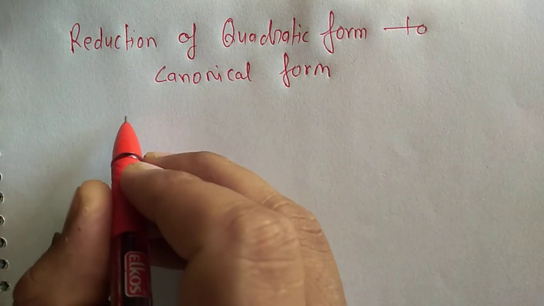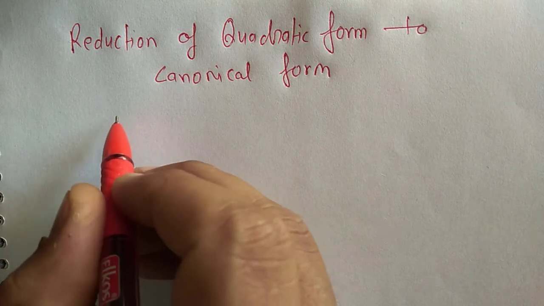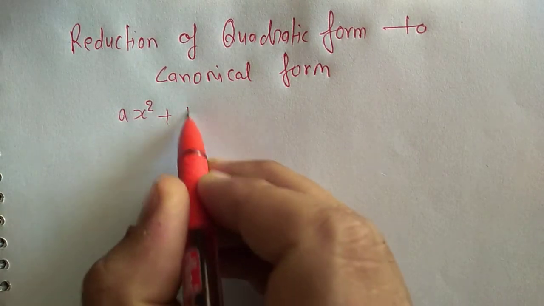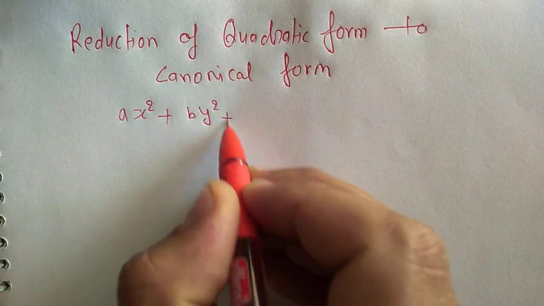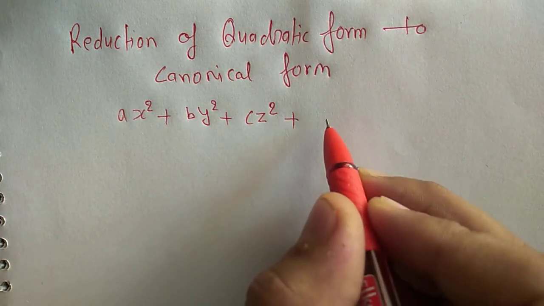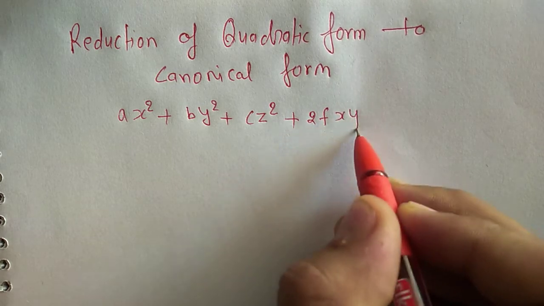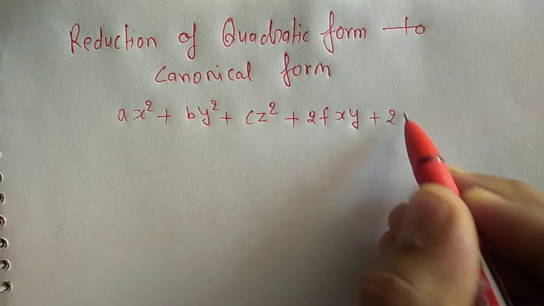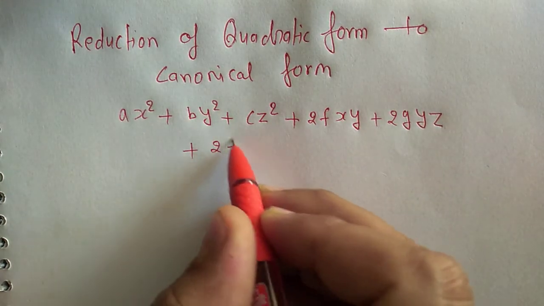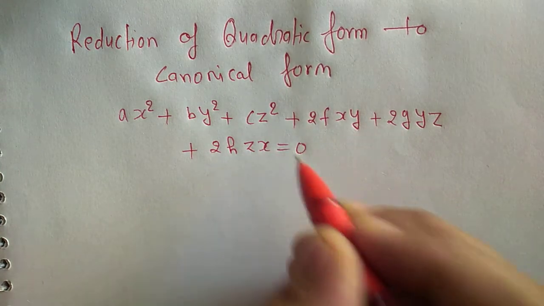So 2-degree quadratic form, or simply we say quadratic form, will be a x square plus b y square plus c z square plus 2f xy plus 2g yz plus 2h zx equal to 0.